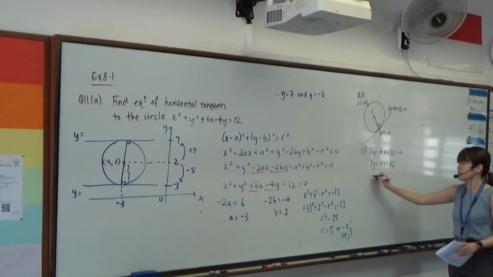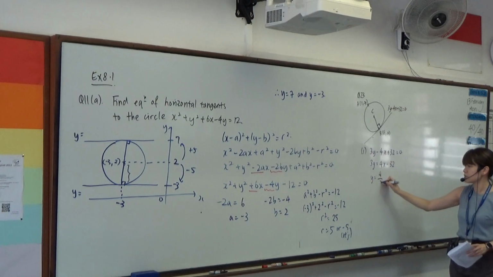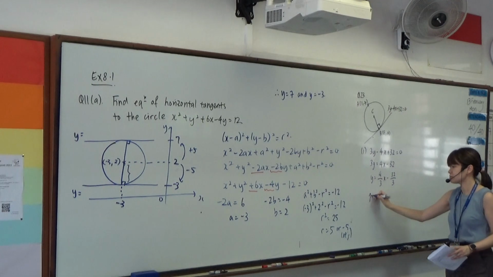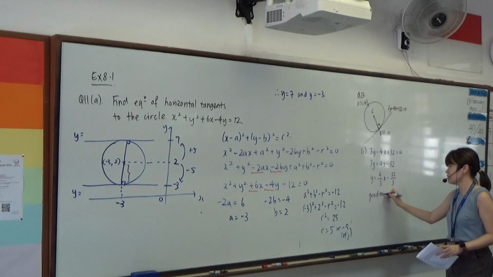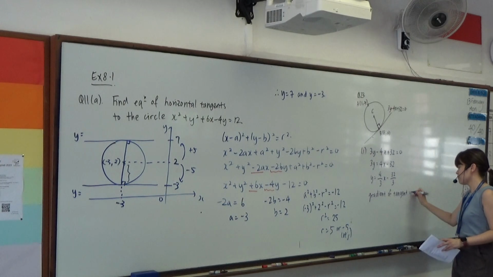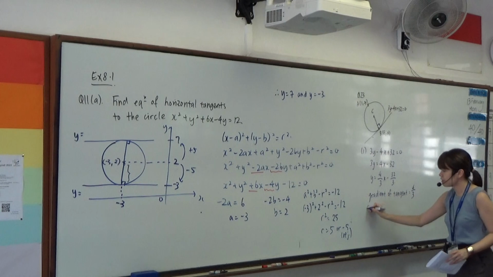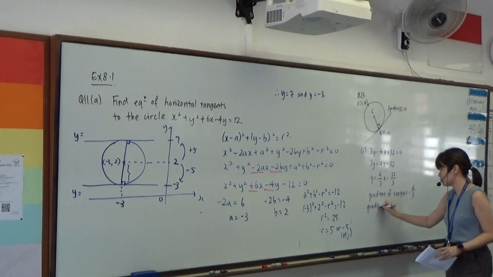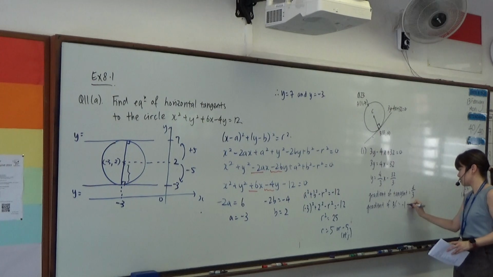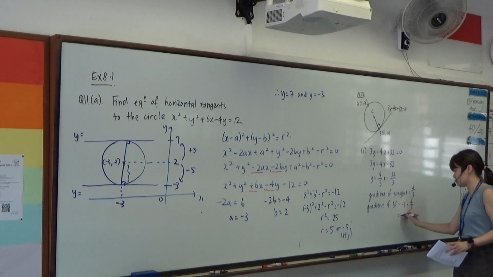So what I need to do is to change it into y equals mx plus c format. So gradient of tangent is 4 over 3. Therefore, the gradient of BC will be negative 3 over 4.